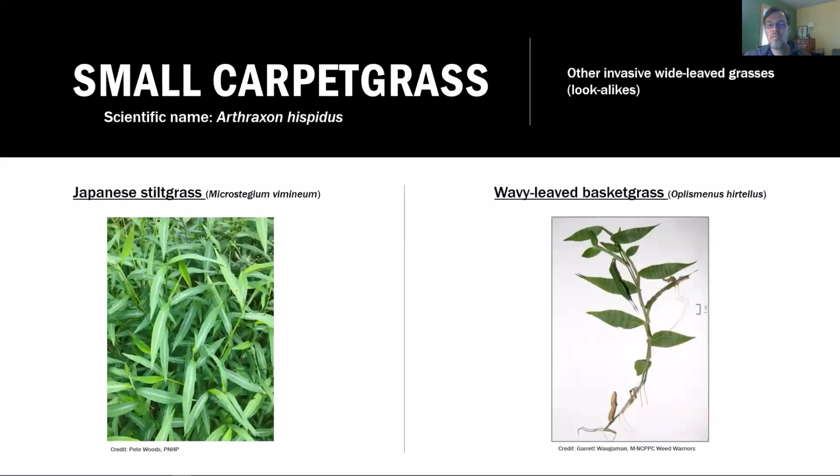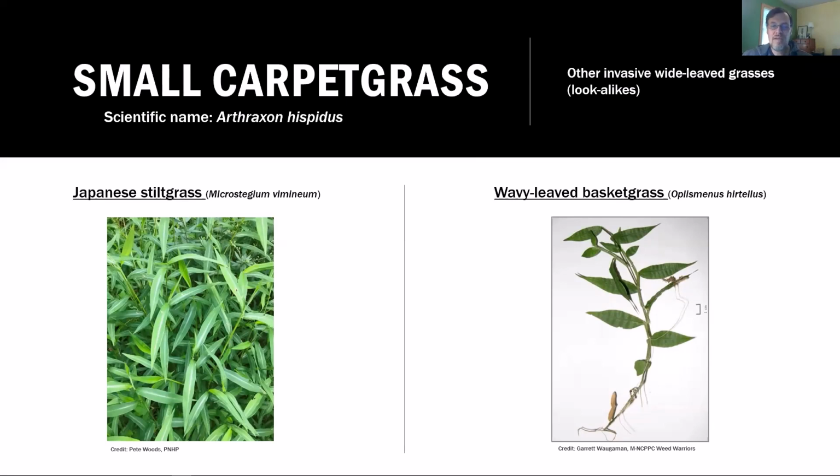There are a couple other wide-leaved invasive grasses. On the left is the Japanese stiltgrass that I mentioned earlier. This one I recognize by looking for that reflective silvery stripe that goes down the center of each leaf. If you see that, you know you've got Japanese stiltgrass. And that one is becoming very common all across Pennsylvania right now.